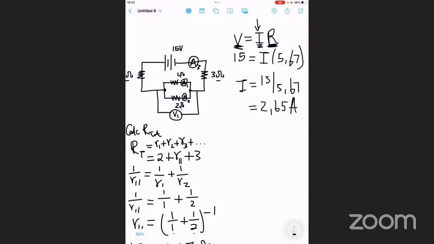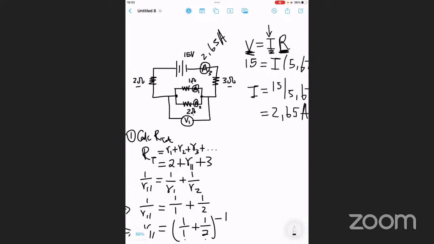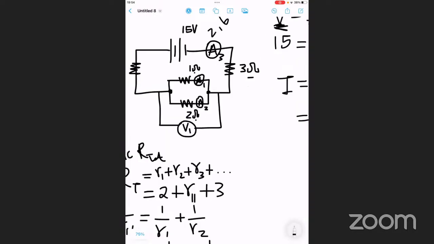So this is the total current flowing in the circuit, which has to split when it gets to the parallel connection. That's how you're going to get your A1 and A2. And you won't have to go through a lengthy process.